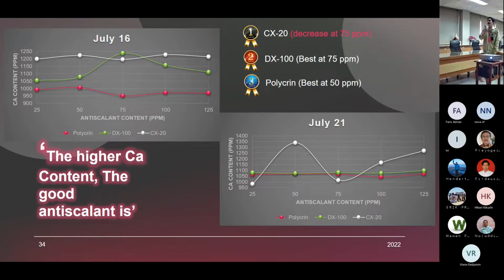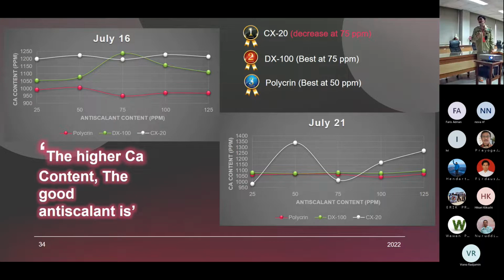So we can see here that CX20 has the highest calcium content. So we might as well say that CX20 is the better among the other two, although it decreases a bit at 75 ppm. As for DX100 and polygreen, they have a similar pattern between 25 and 50 ppm here.